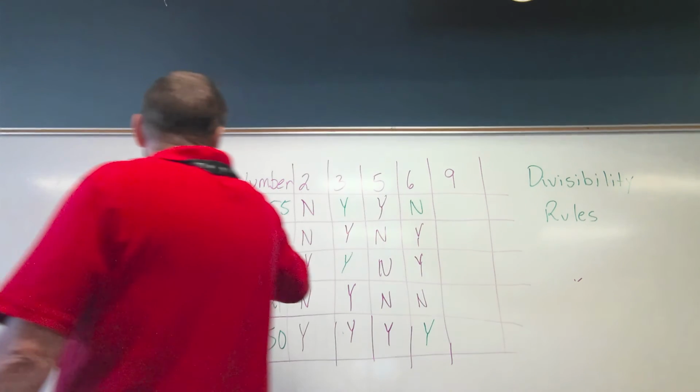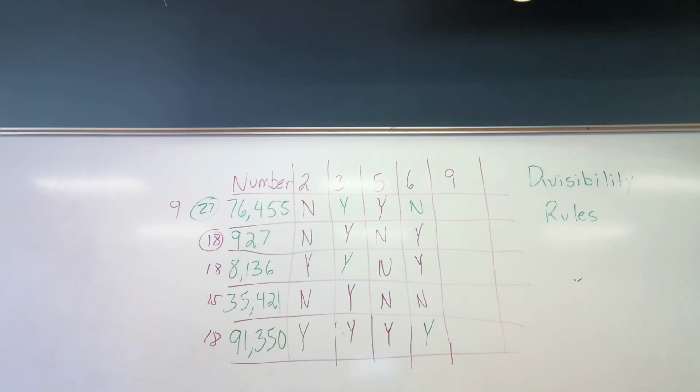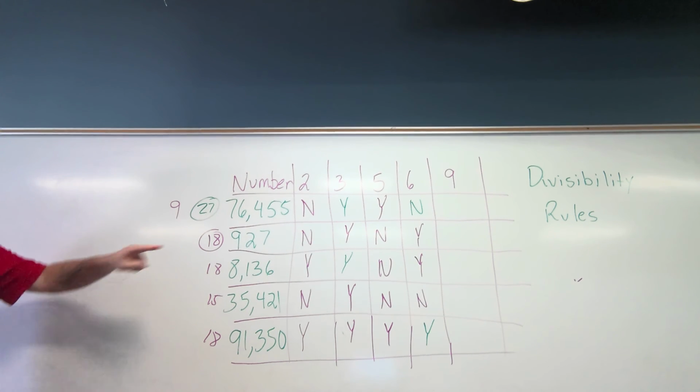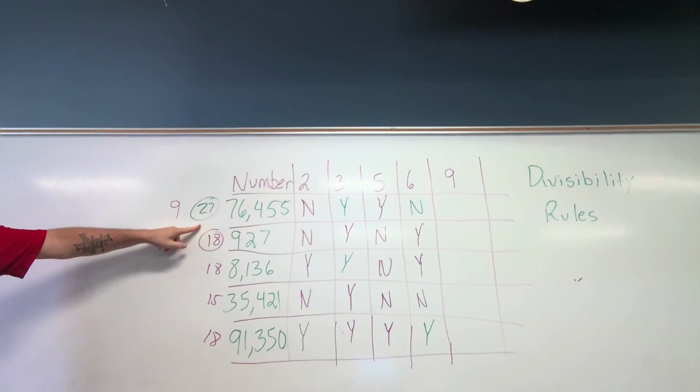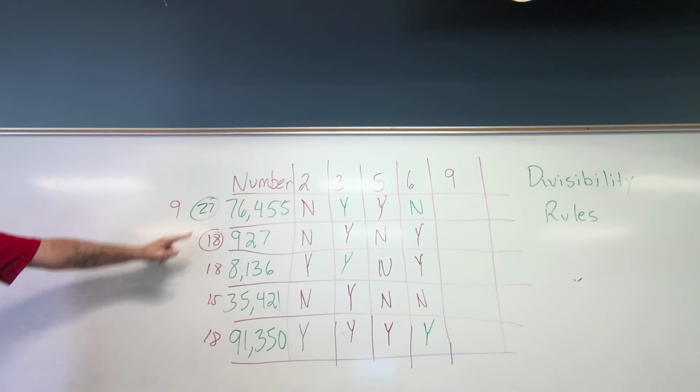Aiden, 76,455. Is that divisible by 9? No. Why? What's the sum of the digits? 27. Does 9 go into 27 evenly? Oh, yeah. Yes.